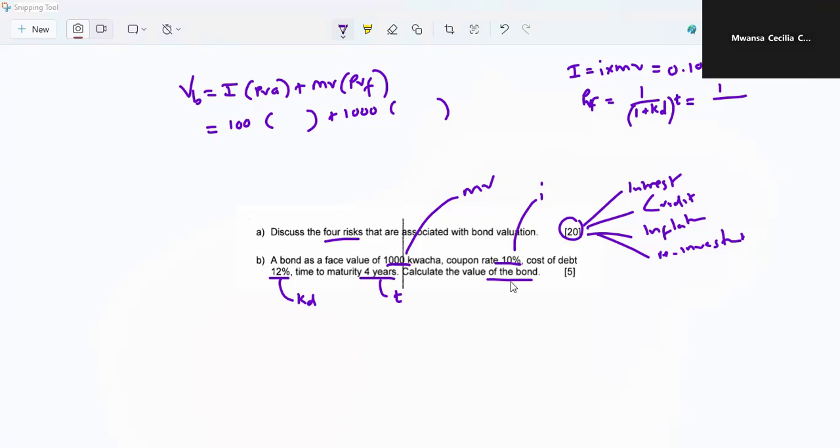That would be 1 over 1 plus 0.12 to the power 4. What do we get? The answer is 0.635.